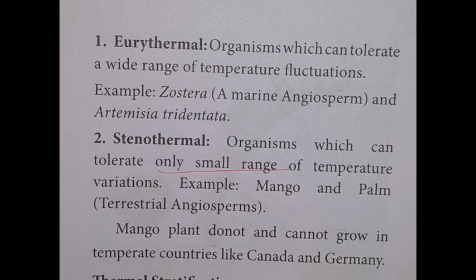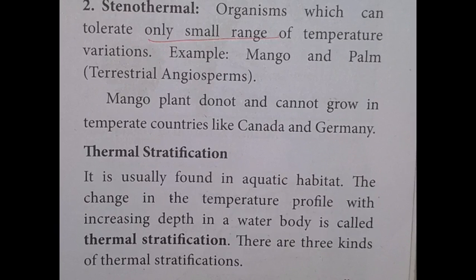Stenothermal organisms can tolerate only a small range of temperature variation. Examples are mango and plum, the terrestrial angiosperms. Mango plants do not and cannot grow in temperate countries like Canada and Germany.